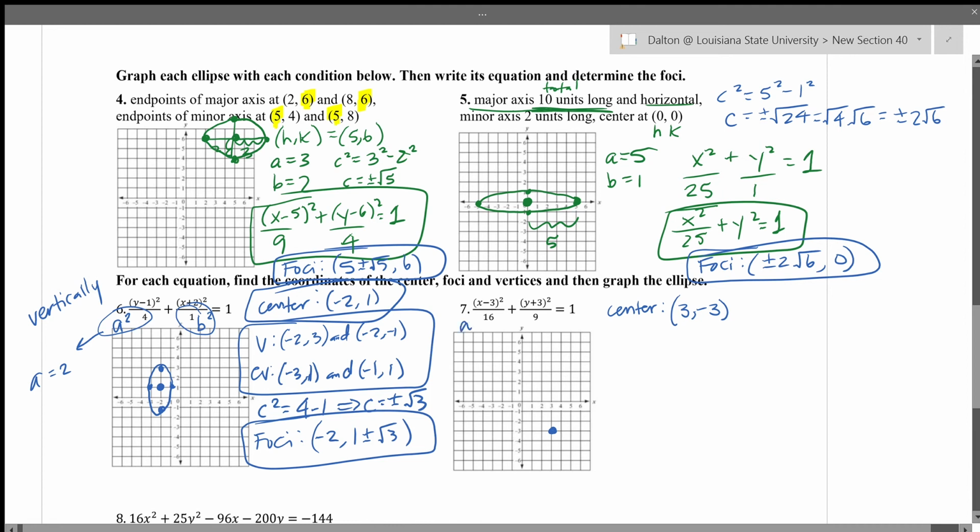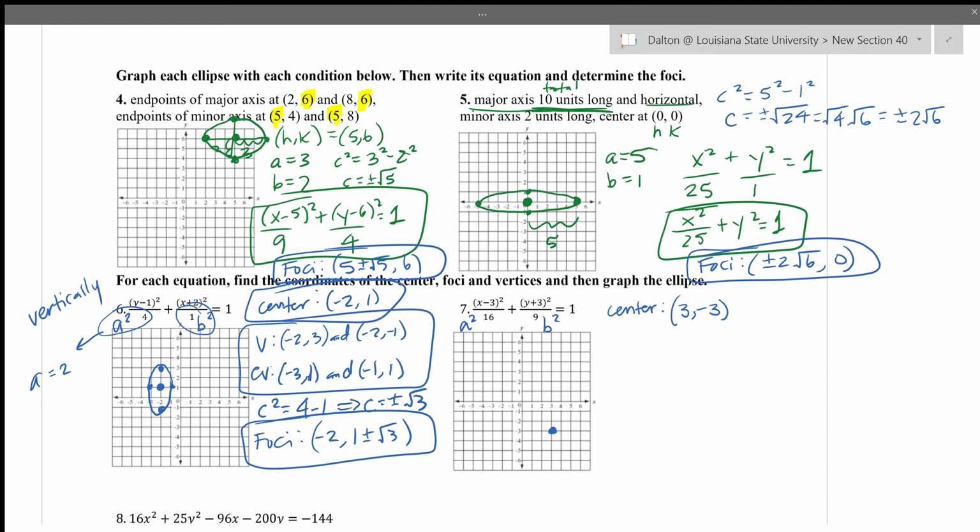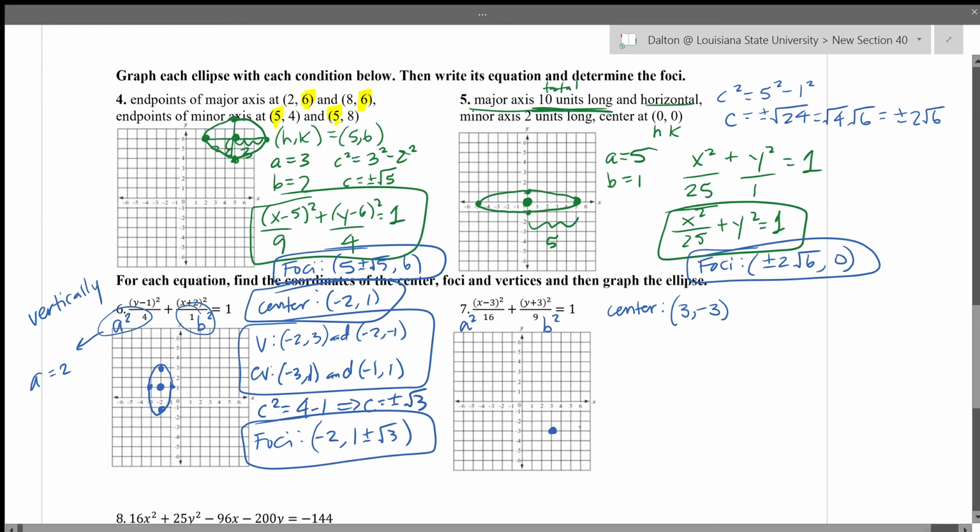A squared always comes first, so A squared is 16. B squared is 9. So since 16 is under x, the square root of 16 is 4, that means in the x direction, we need to go to the left 4 and to the right 4. And then in the y direction, the square root of 9 is 3, so up 3 and down 3.